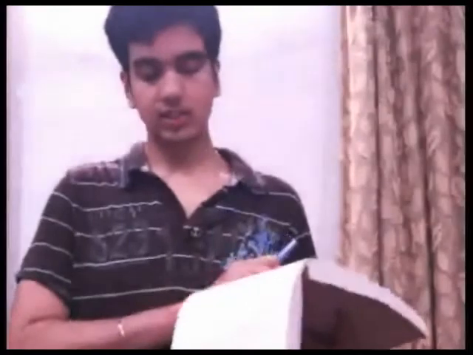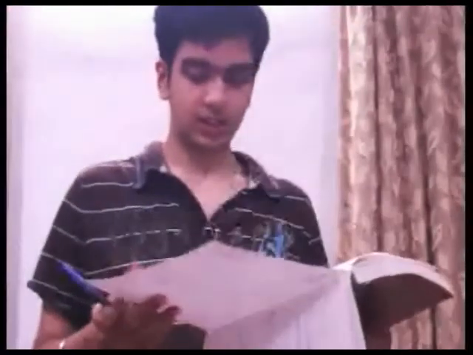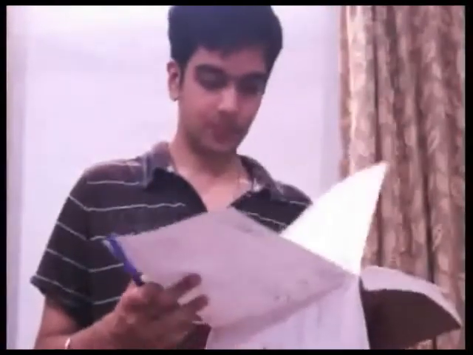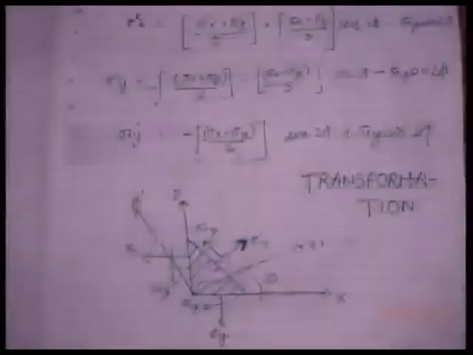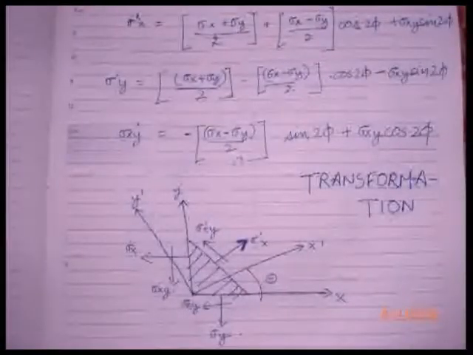So the transformation equations, by doing simple vector calculations, for example in this particular case, we have a body which is given by this shaded area. Initially we had our coordinate axes set as this, and after that we rotated them by an angle, say theta.